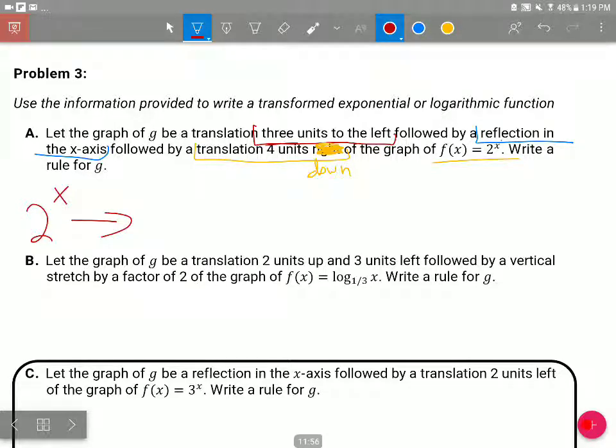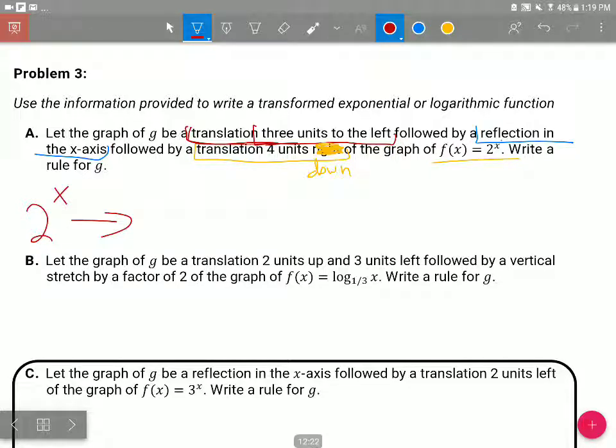If we go 3 units to the left, where and how do we do that? If we are shifting 3 units to the left, first things first, are we adding or subtracting? Wait.